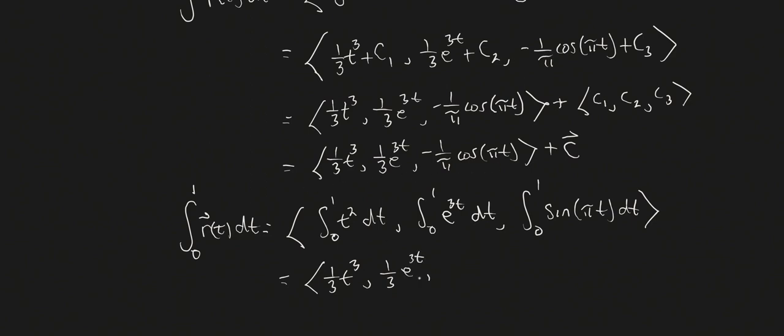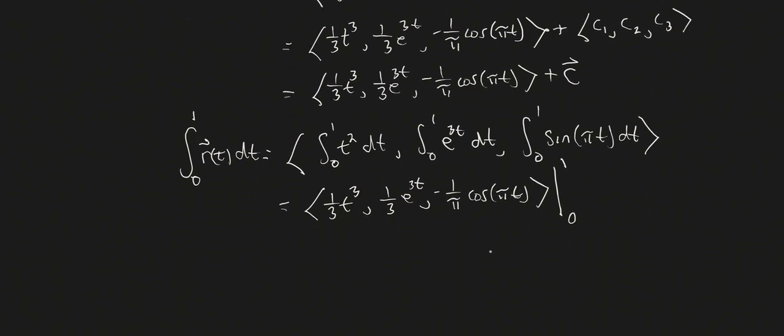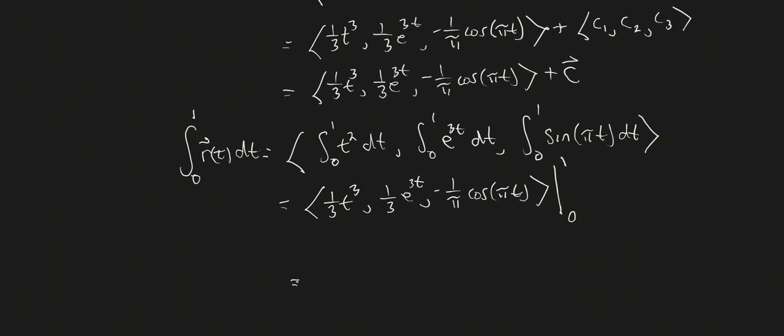Right, so do that, and then minus 1 over pi cosine of pi t, and then use that same vertical line. We know that we're going to now evaluate this antiderivative vector at 1 and at 0, and guess what? Our fundamental theorem of calculus still holds, right?